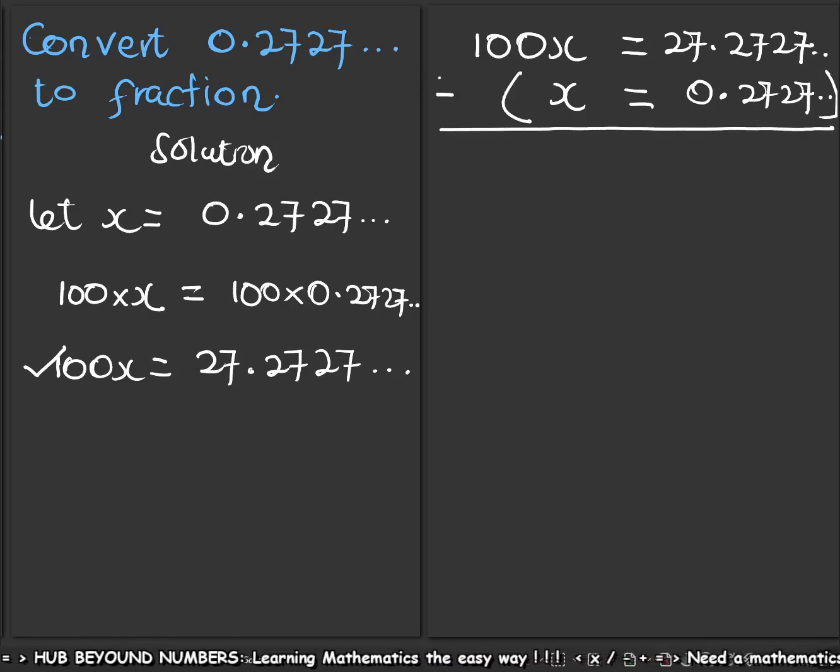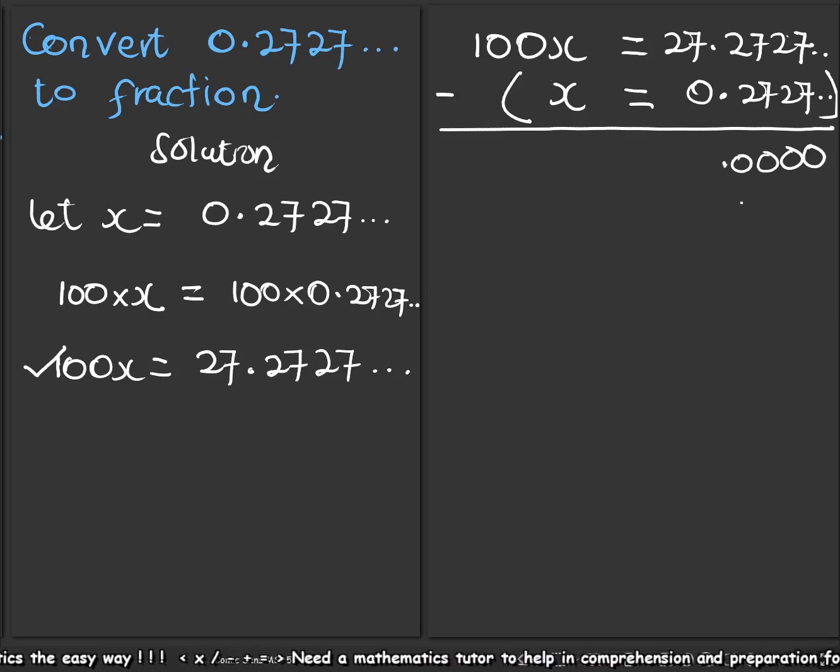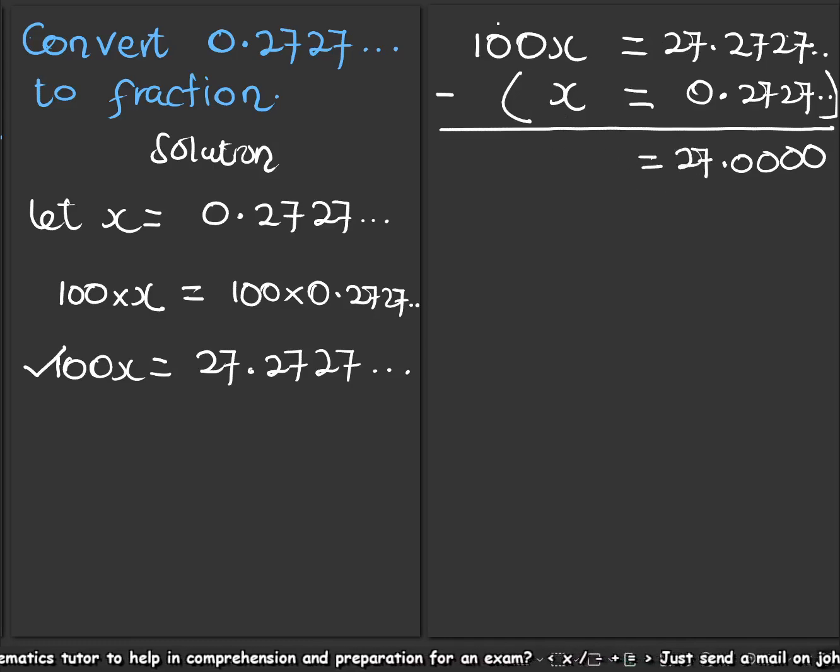So you have 7 minus 7, that gives us a 0. 2 minus 2 gives us a 0. 7 minus 7 gives us a 0. 2 minus 2 gives us a 0. You realize that anytime you are working out, you just ignore all these because they will give you 0. Then 27 minus 0 gives you your 27, is equal to 100x minus x, which will give us 99x.